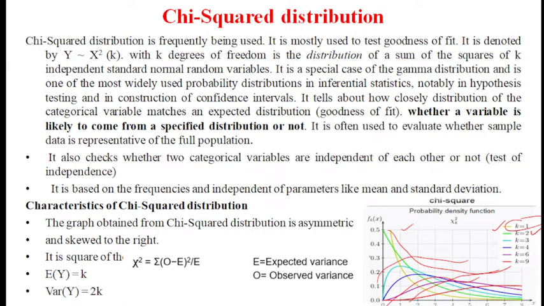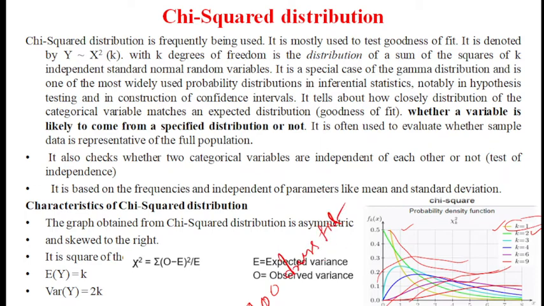The simple key points you have to remember, guys, in this chi-square distribution: this will help to find out whether the variables likely come from the specified distribution or not, and whether the two categories, two variables, are independent of each other or not. It's simply talking about the goodness of fit. You need to remember this point, goodness of fit.